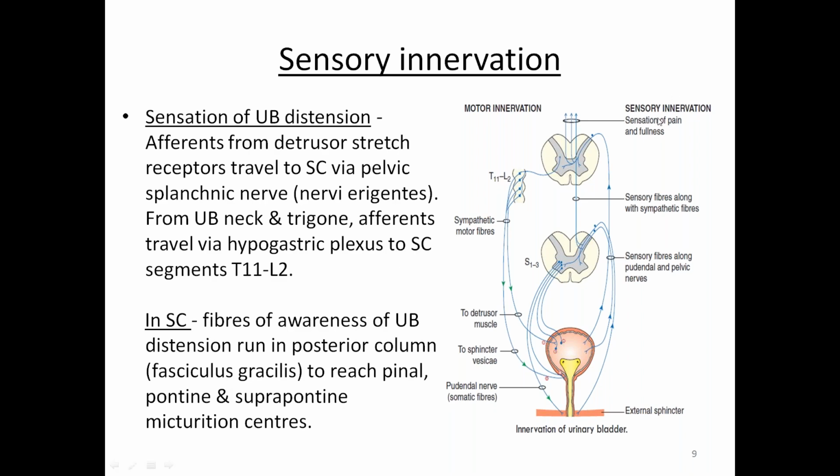Now the afferents from the detrusor muscle travel to the spinal cord via the pelvic splanchnic nerve, or what we also call the nervi erigentes, which we just spoke about in the parasympathetic motor innervation. From the neck and trigone, the afferents travel via the hypogastric plexus to the spinal cord, and then up to the segments T11, T12.